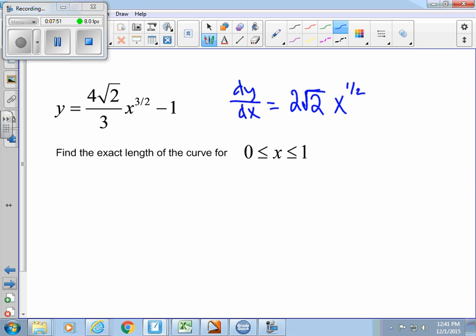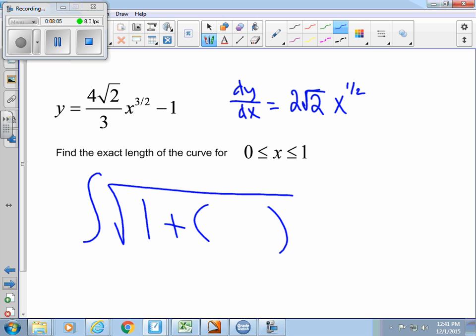Yes. So I have the integral of the square root of 1 plus the derivative squared, which is 2 square root of 2 x to the 1/2, dx, from 0 to 1.